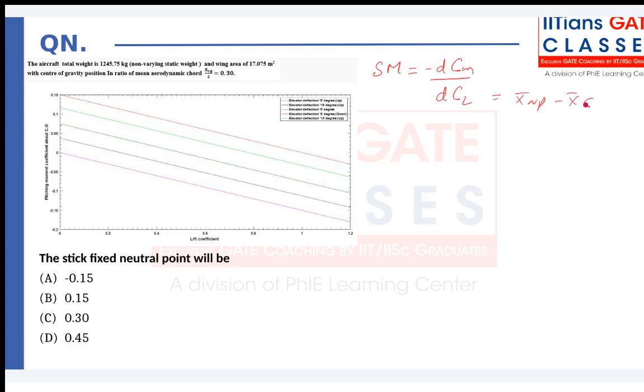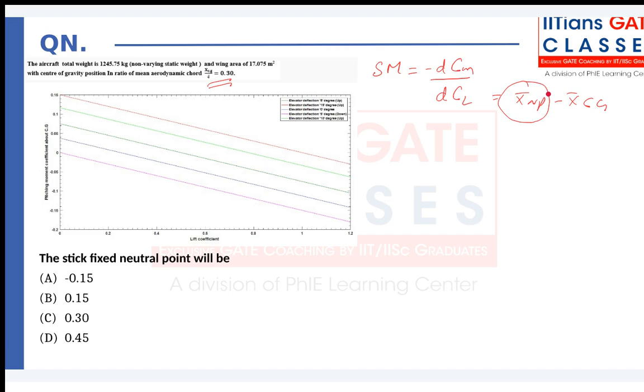So this is a graph that is between cm and cl, right? The slope is same. You're just deflecting the control surfaces, but the slope remains same, and the graph is just translated. So dcm by dcl is same. So if you find out this dcm by dcl using the data, and x bar cg is given to you in the question as 0.3, then only unknown is x bar np. So can you try doing it?